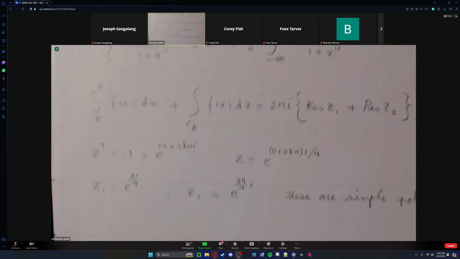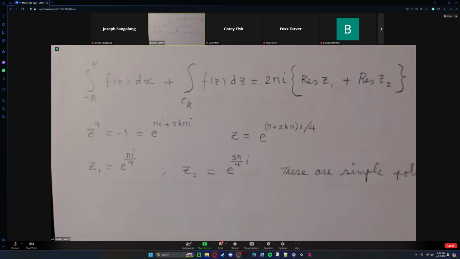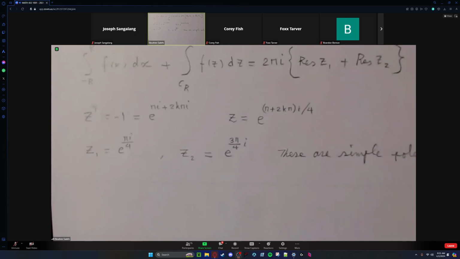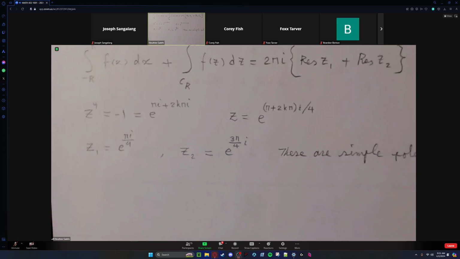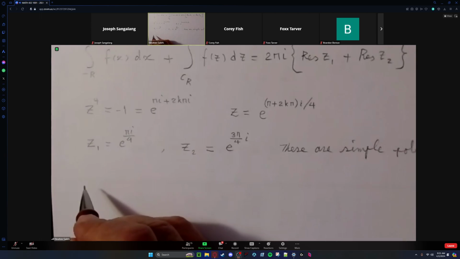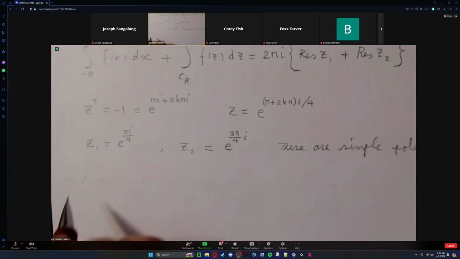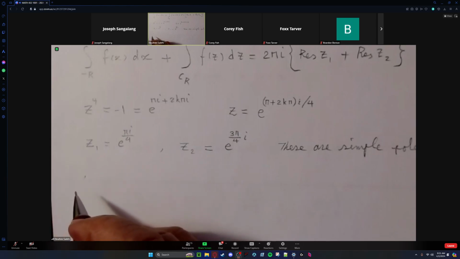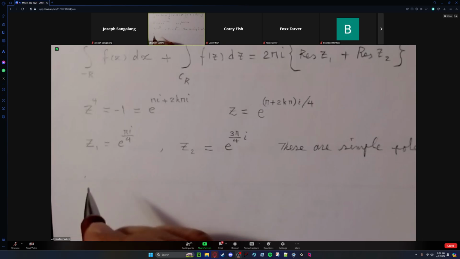When it is simple poles, we can use, for example, the formula I already called 2b. So residue at, let's say, z1.